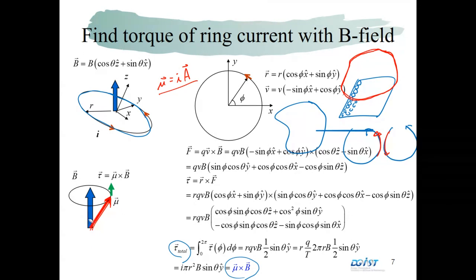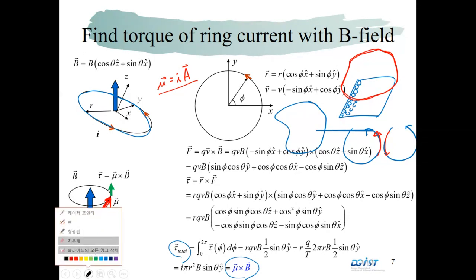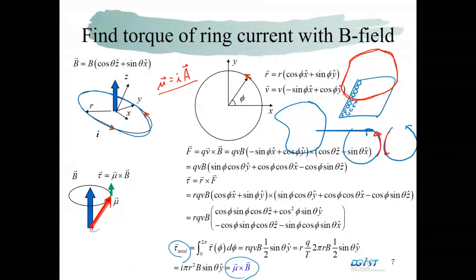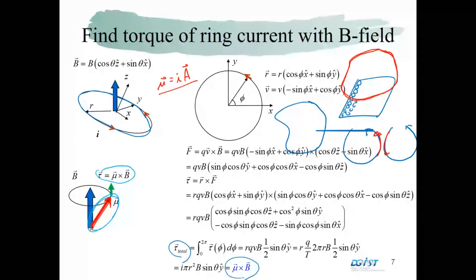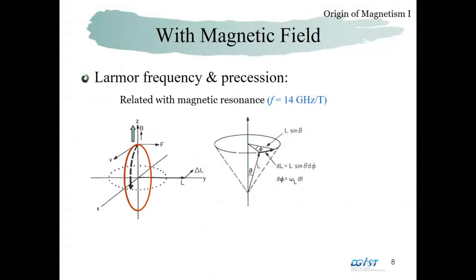So now let's forget about this circular motion. Now let's focus on only the result of the magnetic moment. And then we have such torque, and as a result, now we are talking about this one.